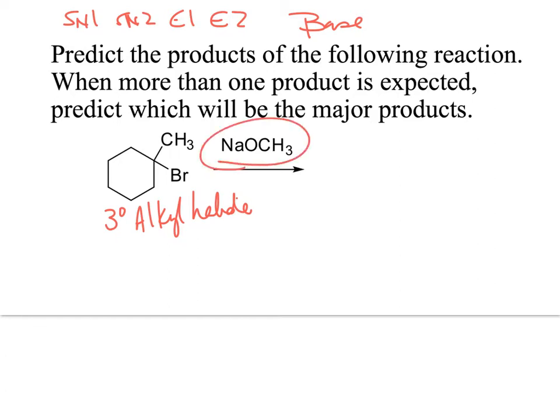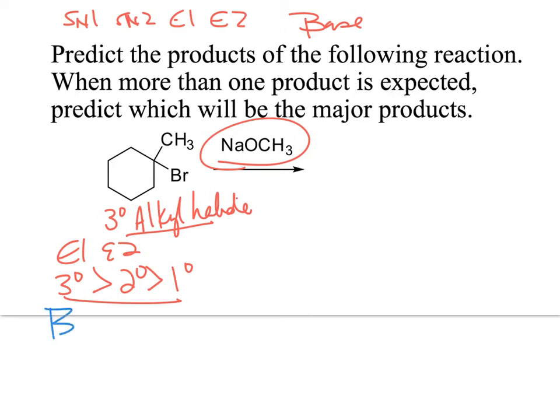You have a strong base and you have a tertiary alkyl halide. For all E1s and E2s, tertiaries are more reactive than secondaries, which are more reactive than primary. They follow the same alkyl halide classification. So you got to look at your base, okay? So you got to classify your base.